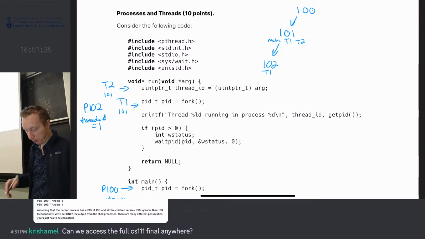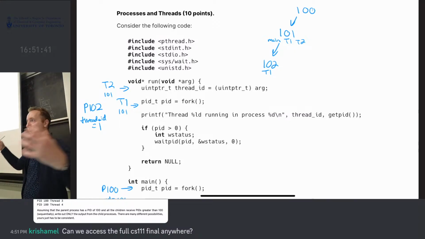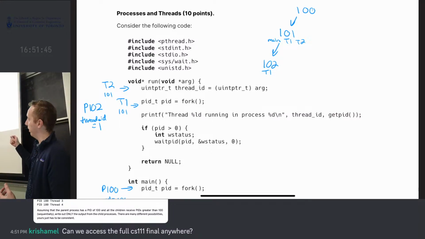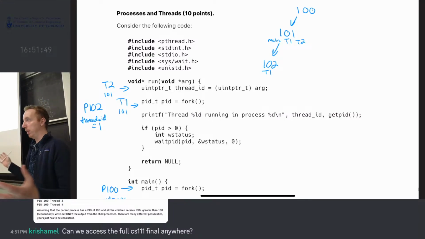It clones the entire process, all the virtual memory, everything, but all the registers and everything are specific to thread 1 in this case. So all of its local variables will just be copied. It'll just look like there's only one thread running now, but all the other memory is the same.